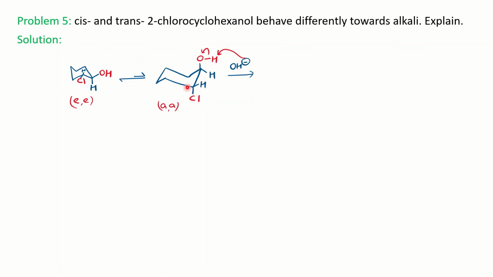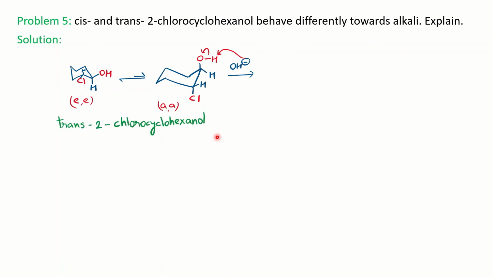So this is trans 2-chlorocyclohexanol, and we have the alkali. The base is present here, and we know the role of base is abstraction of a proton. If it abstracts the proton, this bond will give its electron and you will generate O minus. So O minus will act as a neighboring group, give its electron and release the Cl, right?